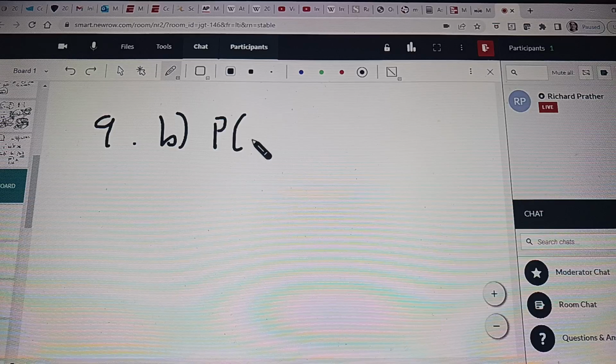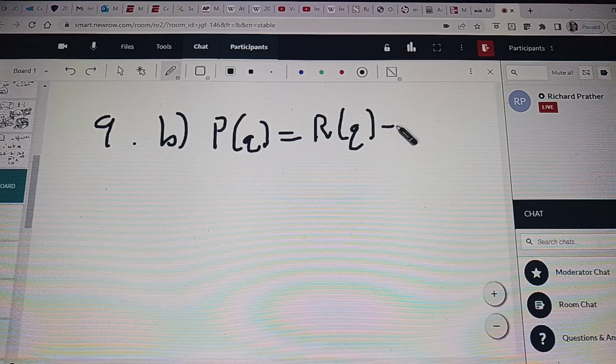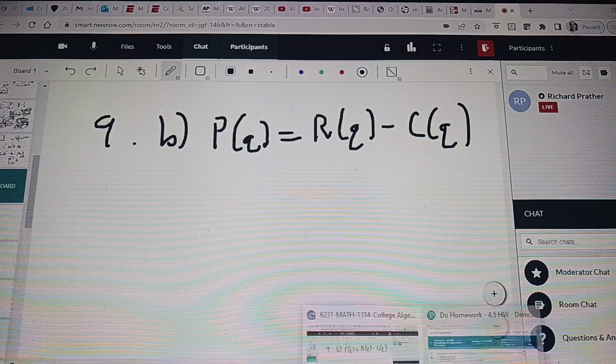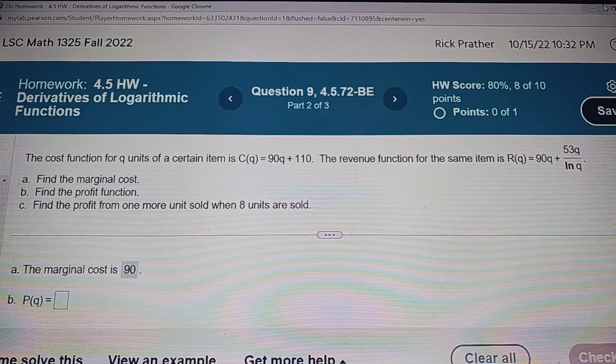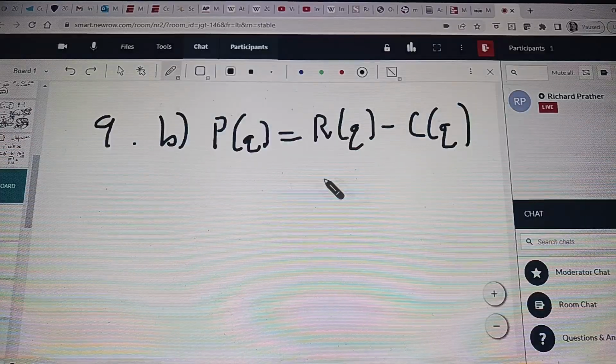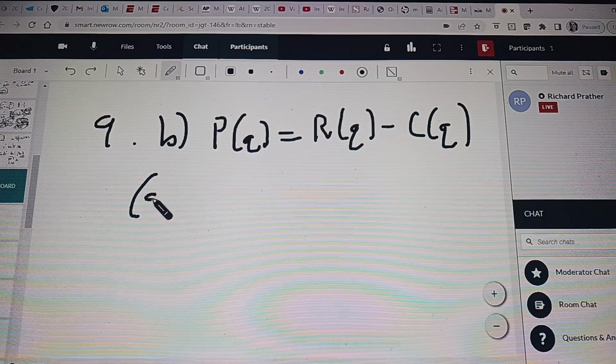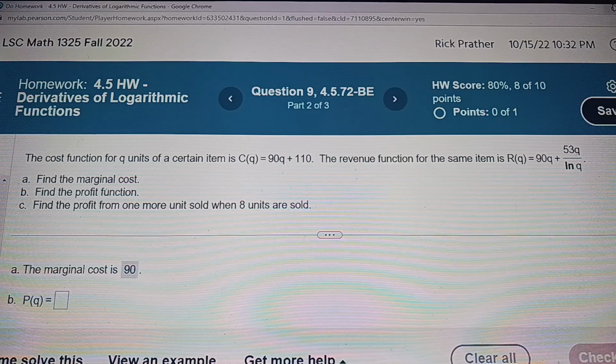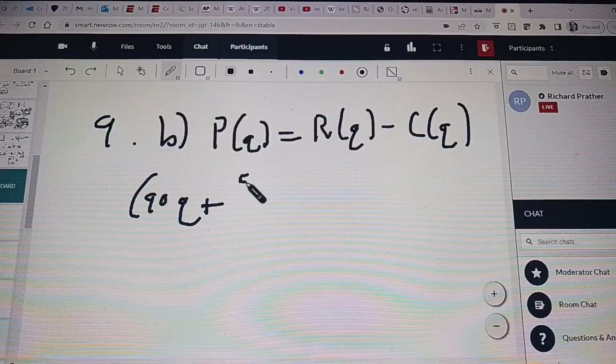Profit of Q always equals revenue of Q, or X or whatever the variable is, minus cost, the cost function. Profit is revenue minus cost. The revenue is a messy function: 90Q plus 53Q over ln of Q.